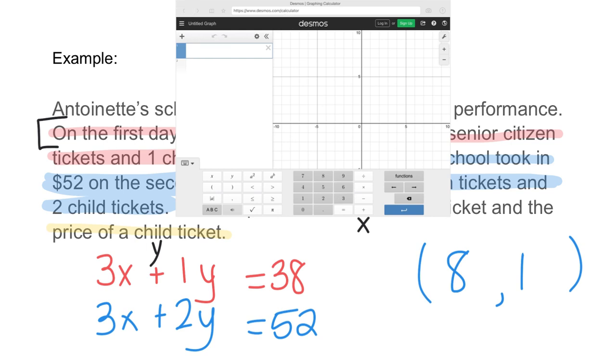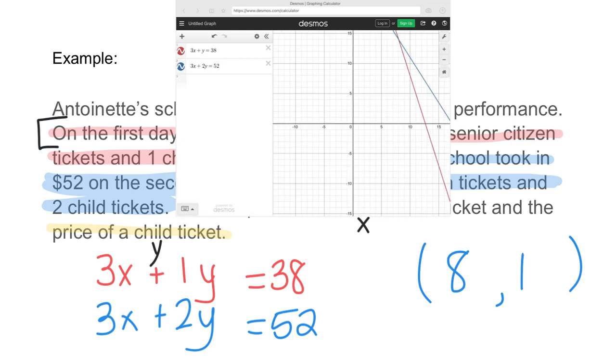Be nice to see you today. 3X plus Y equals 38. 3X plus 2Y equals 52. And they cross right there at 8, 14. Sorry, I said 13, but it's 14. 8, 14.